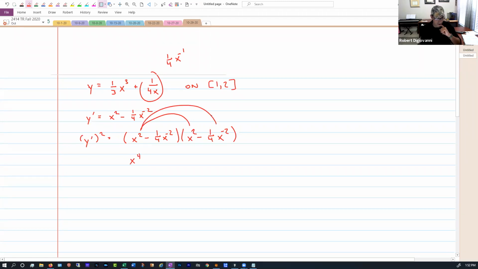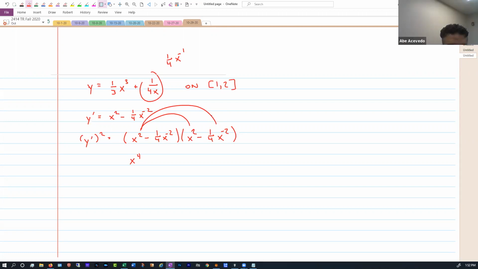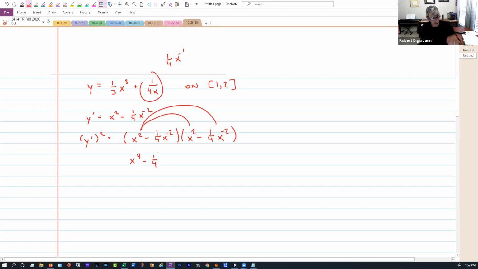What happens there on the second multiplication? X to the 0, which is 1. So it would just be 1/4 minus 1/4, minus 1/4, right? The x's basically go away. Same with the inner one, so we get a minus 1/4 there. And then the last one, we get a plus 1/16 x to the -2.